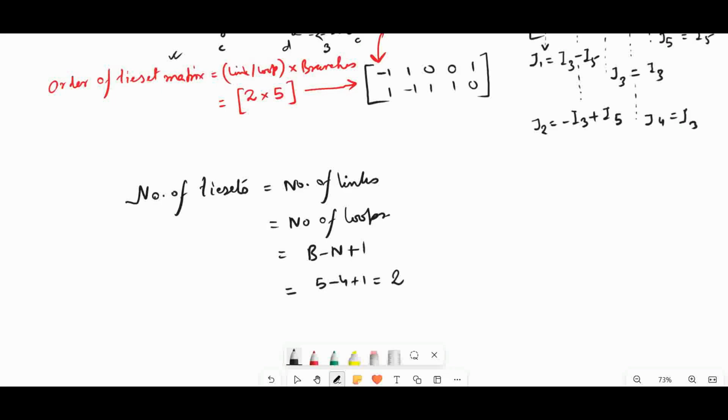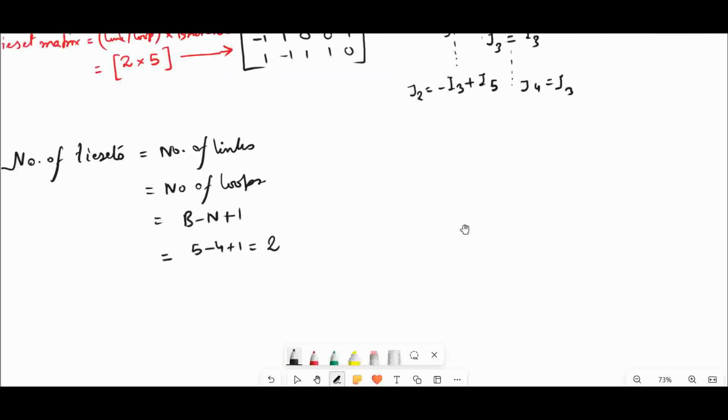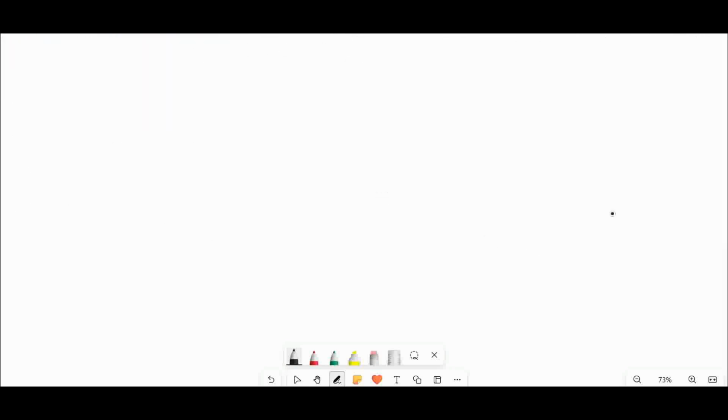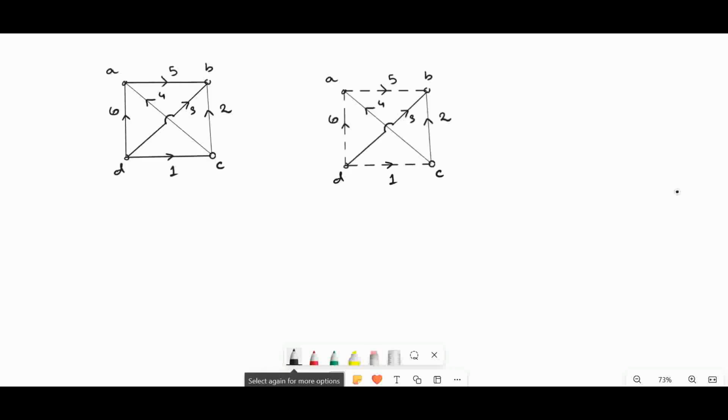So now you can try one example, try to solve it and mention your answer in the comments. So let me give you the graph first and the tree, for which you have to determine the Tieset and the corresponding KVL equations. So this is the graph and this is the tree where we have to determine the Tieset matrix.